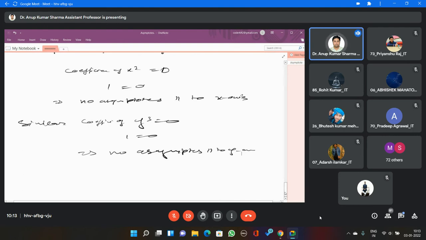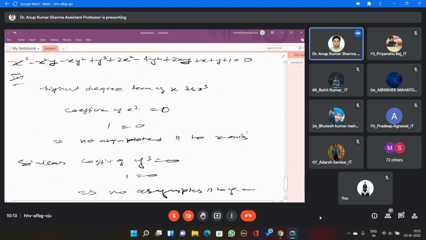Now we are coming to the oblique asymptotes. While finding oblique asymptotes, we go through those steps. Now we take here the expression, take x is equal to 1 and y is equal to m. So this converts to the auxiliary equation.